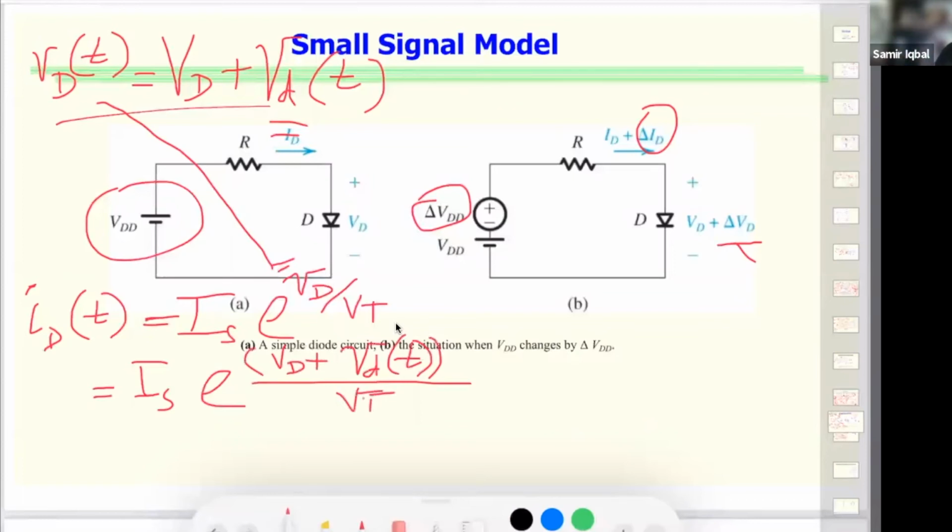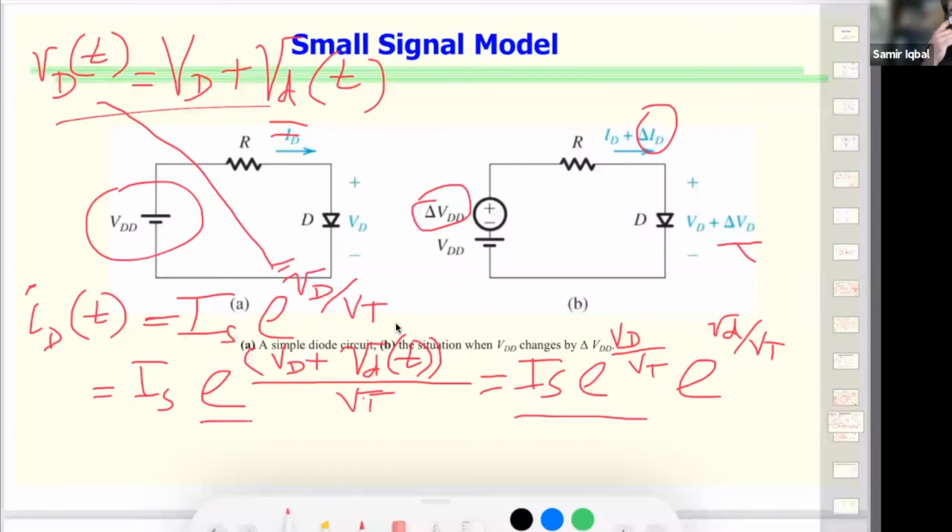When I split the exponential into two parts, I get I_S e to the power V_D over V_T, and e to the power v_d over V_T. But if I look at this first part, it is my original fundamental relationship for the current through a diode.